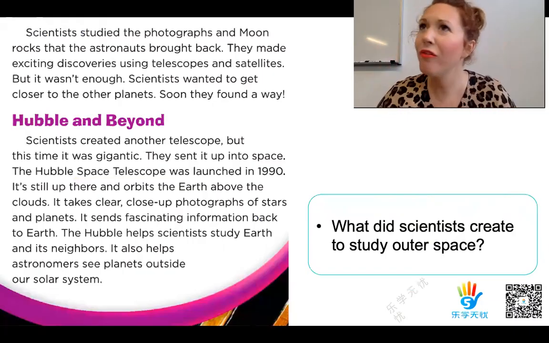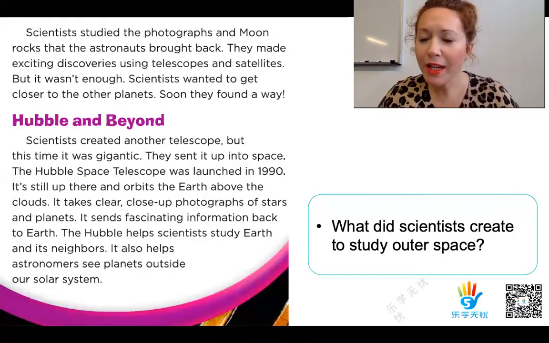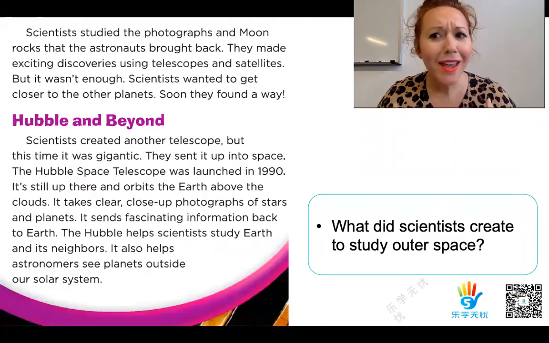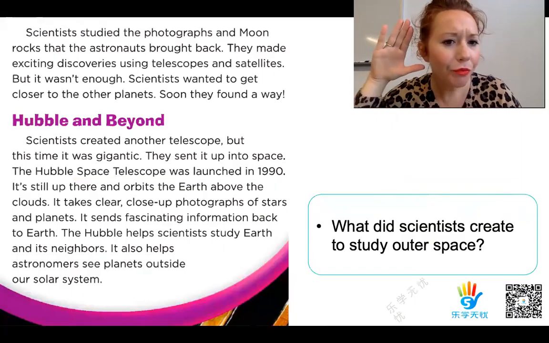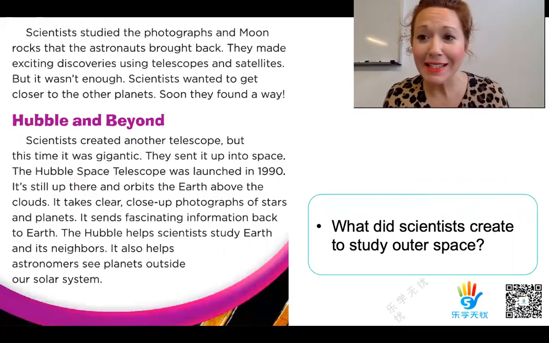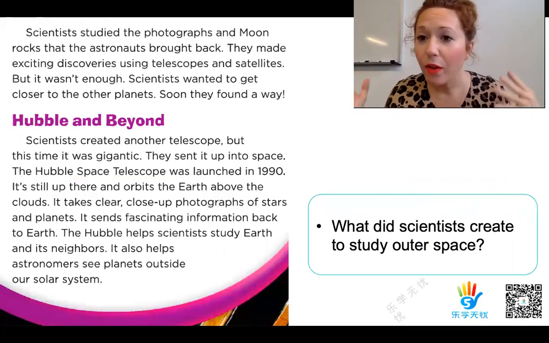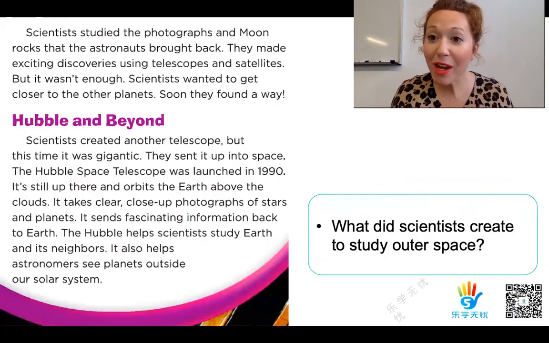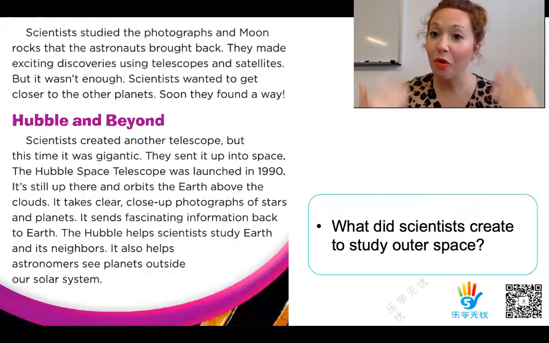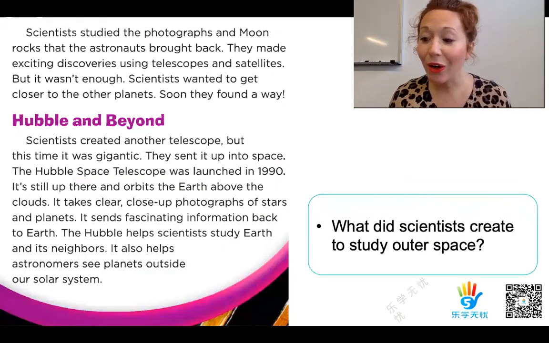Okay, so can you give me maybe one detail? What does the Hubble telescope do? Well, it's helping scientists study Earth and the solar system, okay? And it does this by taking a lot of pictures and sending a lot of information back to Earth to the scientists who live here.